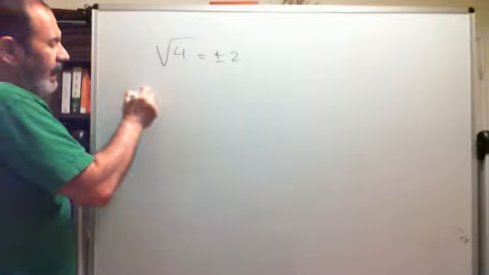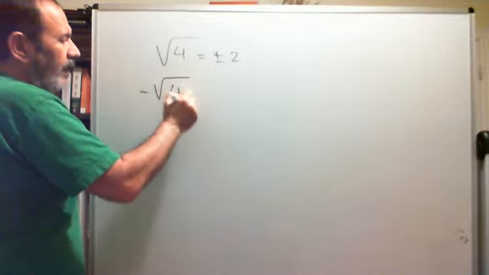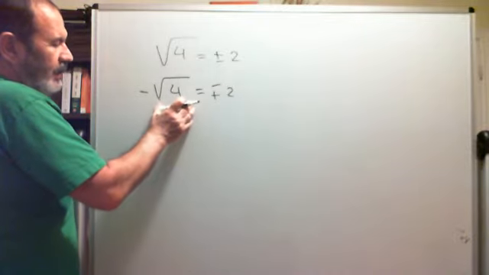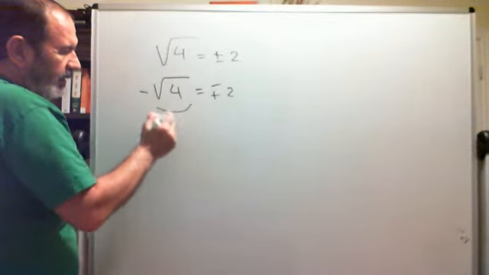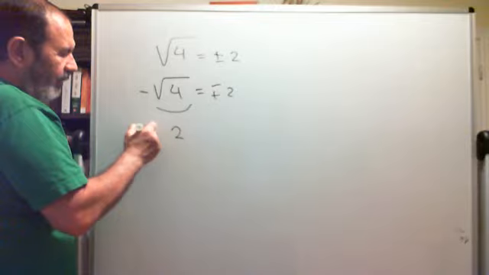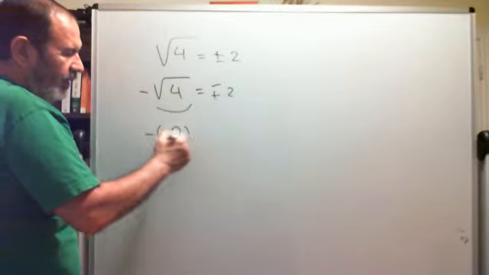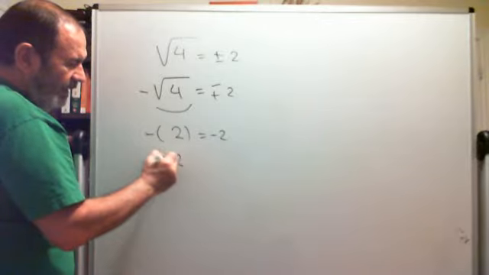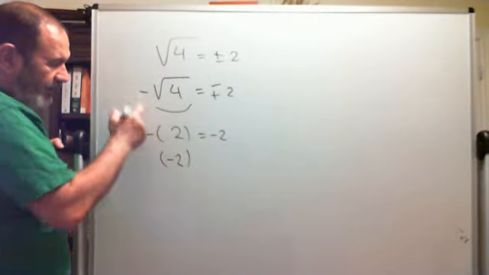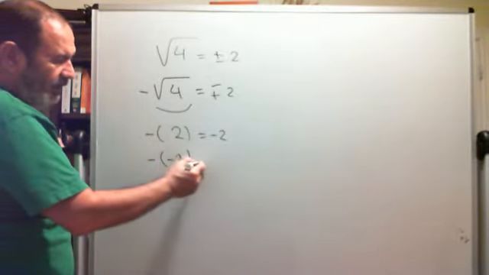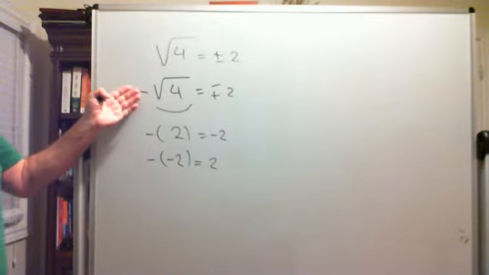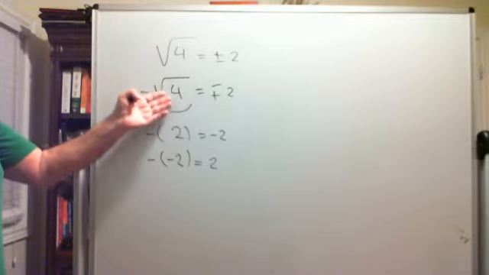If I say negative square root of 4, again it is going to be plus minus 2, because the square root of 4 is going to be 2. Then we have a negative here, then negative times 2 is negative 2. Or the square root of 4 we can call negative 2, but there is a negative here, then negative times negative is going to be positive 2. Can you see, it seems that this negative sign doesn't affect the answer.